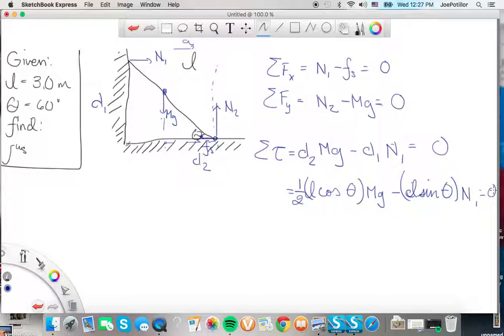From here, I can solve the equation for the first normal. So I'm going to take this and solve it like this.